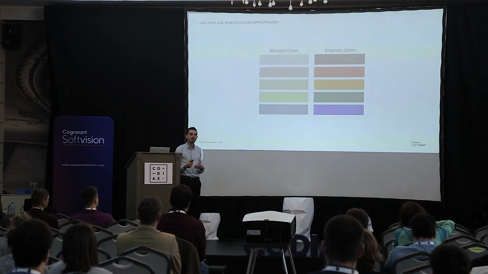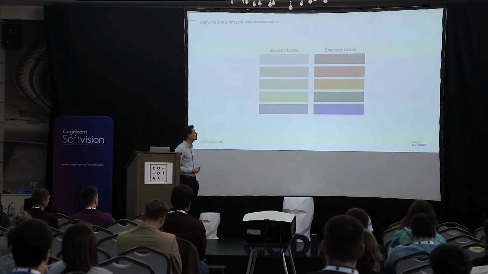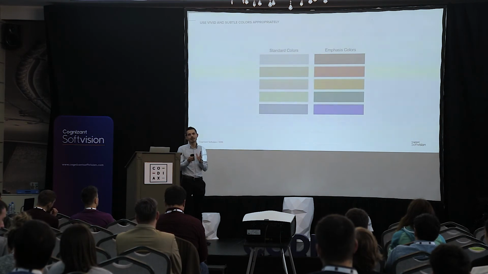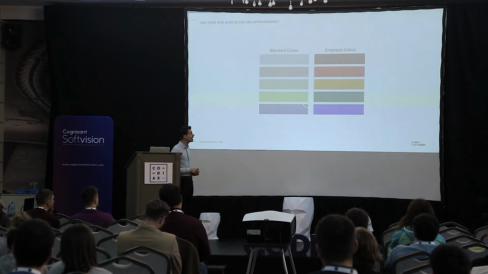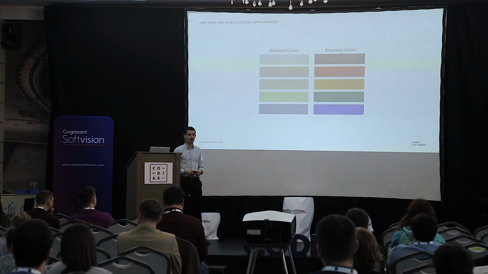It would basically give them a sense of alert instead of being really relaxed and reading your dashboard. So try to use colors found in nature in charts. You'll see that even you will be more comfortable reading those charts. And use emphasis colors, like really vivid colors, only when you want to highlight something. You want to get people's attention to that specific thing.